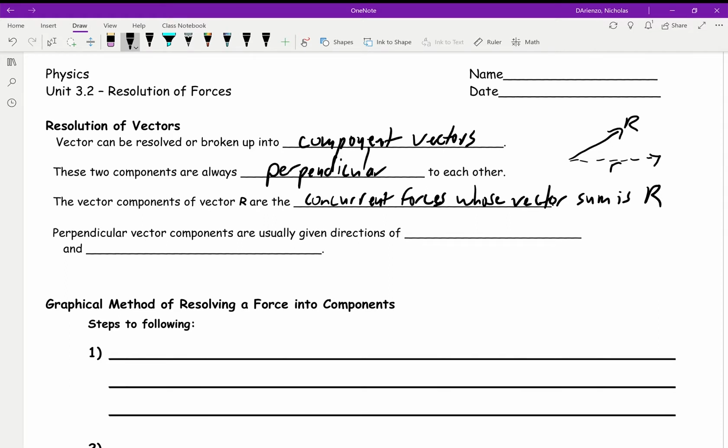Let's call this B, and a vertical component. We'll call that A. Generally, the perpendicular vector components are given with cardinal directions. So we see them as east-west and north-south.